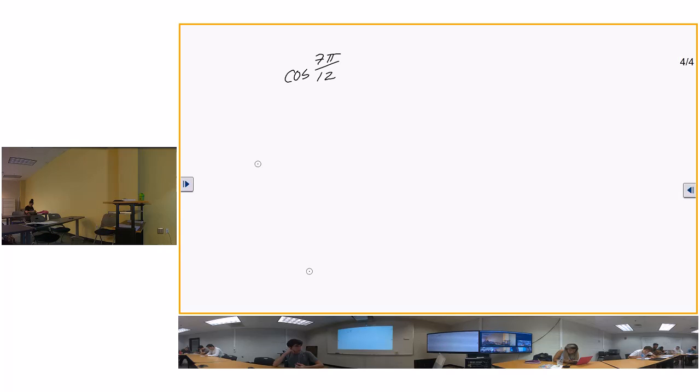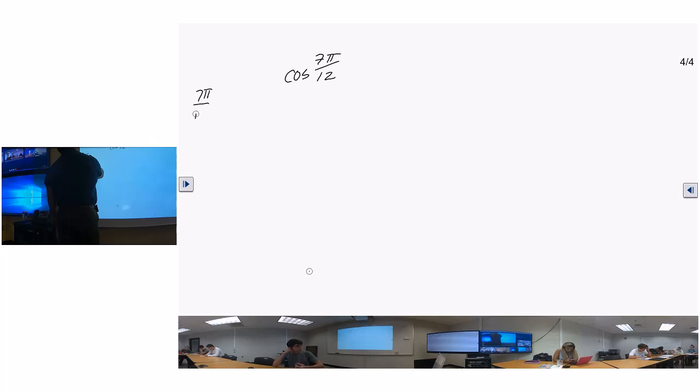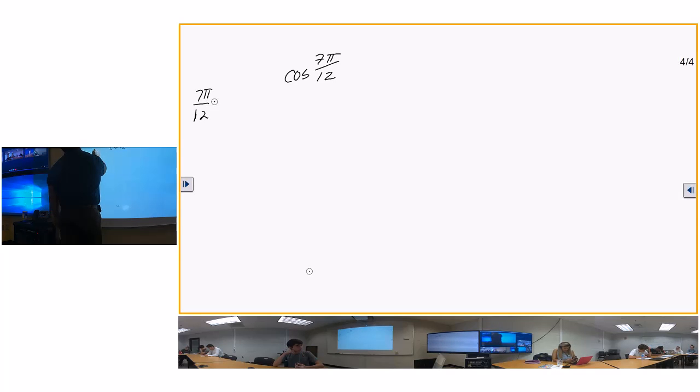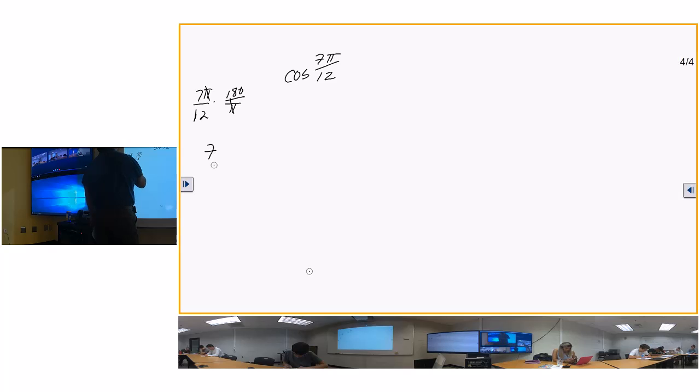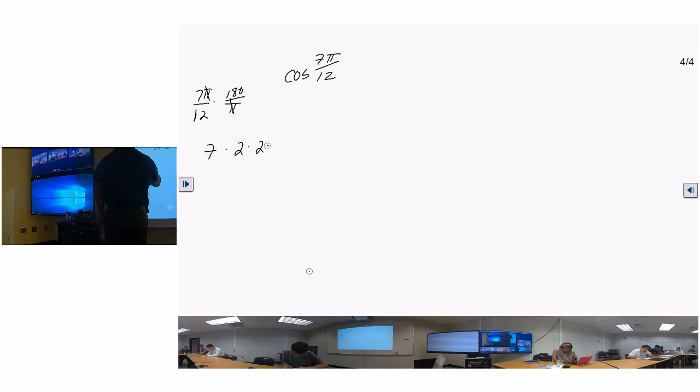So I'm going to go over here and I'm going to do 7 pi over 12 multiplied by 180 over pi. Pi's cancel. I'm going to rewrite 7 times 2 times 90, right? 2 times 90, which is 2 times 45, which is 2 times 5 times 9.